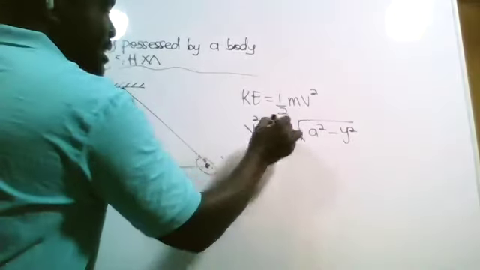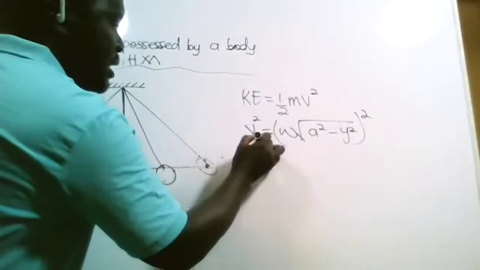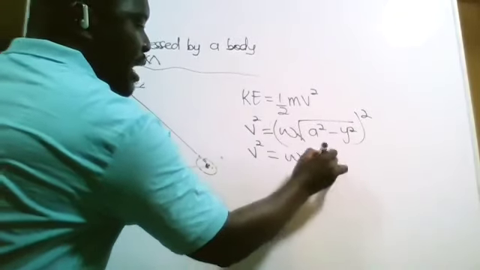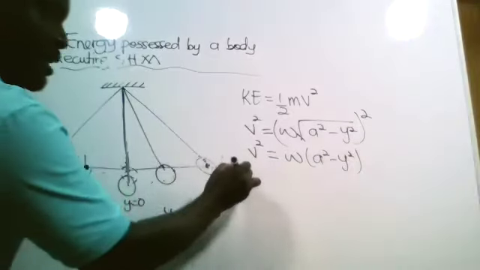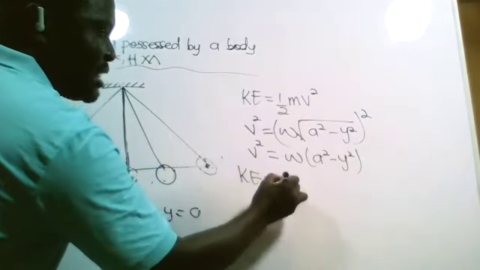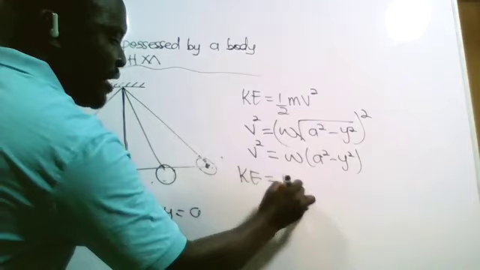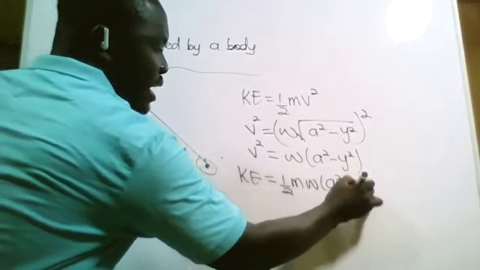When we square this, we have V squared equal to omega squared times (a squared minus y squared). So for an oscillating body, its kinetic energy can also be half m omega squared times (a squared minus y squared).